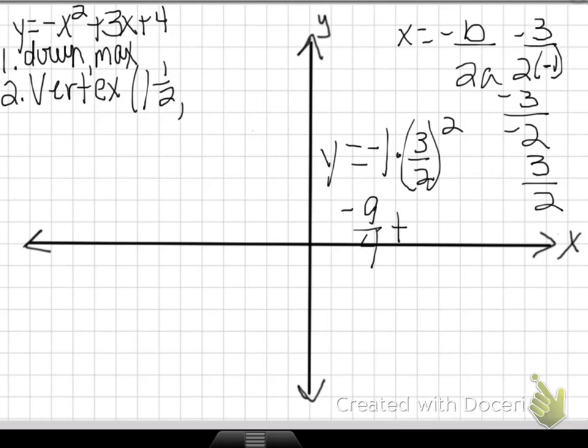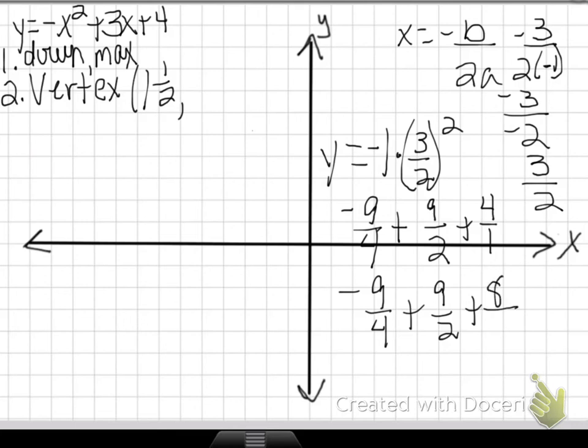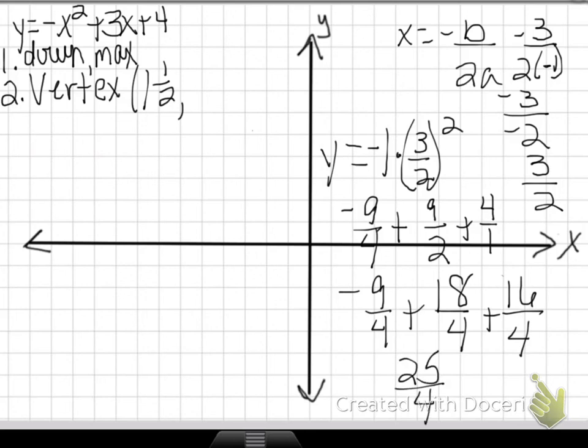Plus 3 times 3/2 is 9 over 2, plus 4 over 1. I need a common denominator, 4. So you get 25 over 4, which is 6 1/4. You could also let your calculator do that.